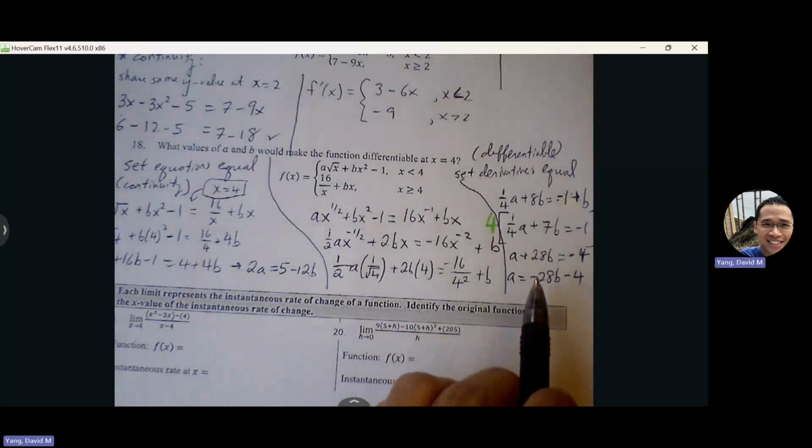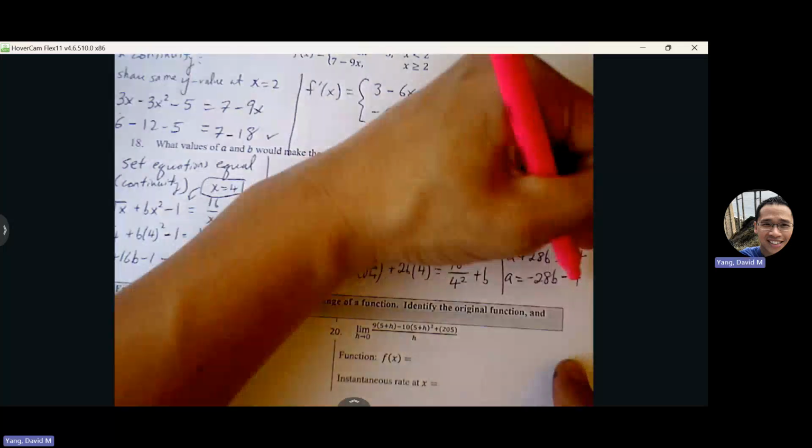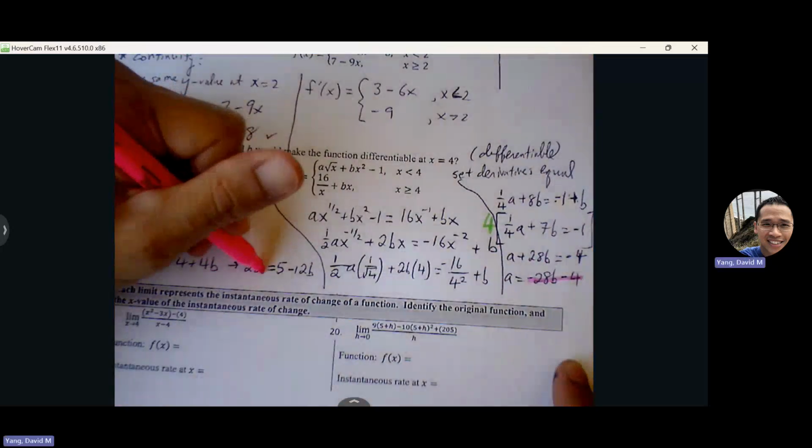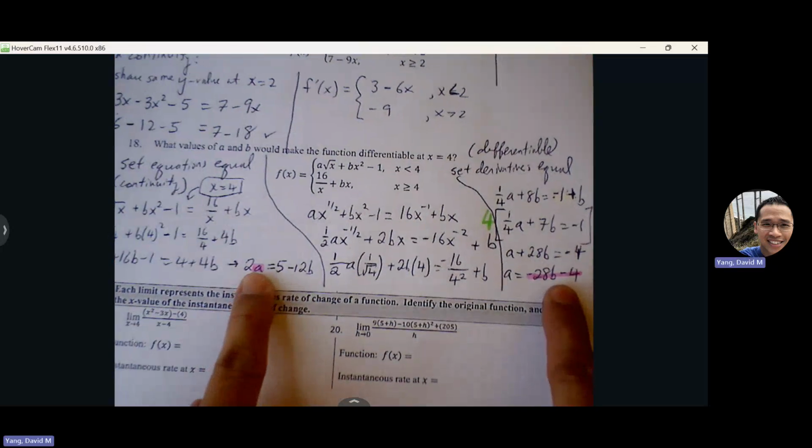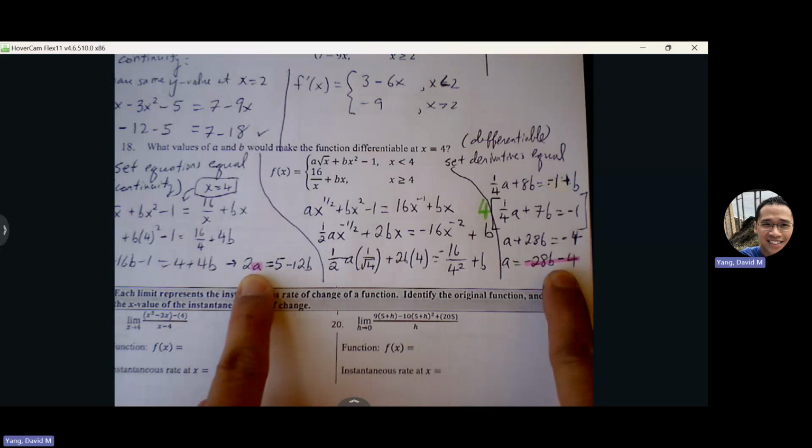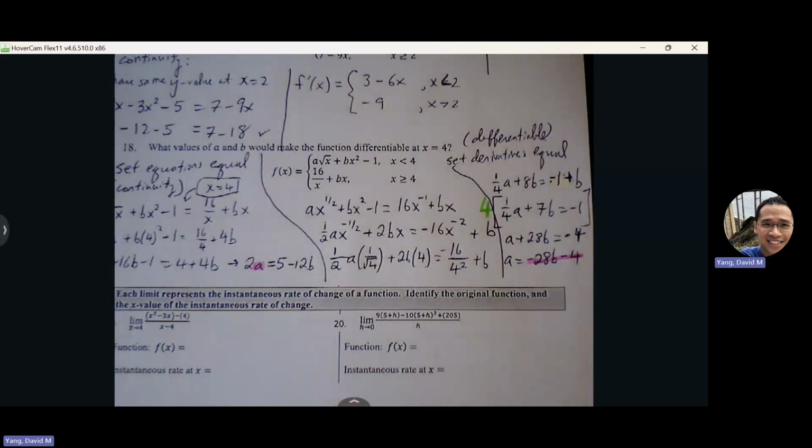It's a little messy here, but I'm going to just put that piece in for A of the other equation. And now I'm just figuring out what A is and what B is.